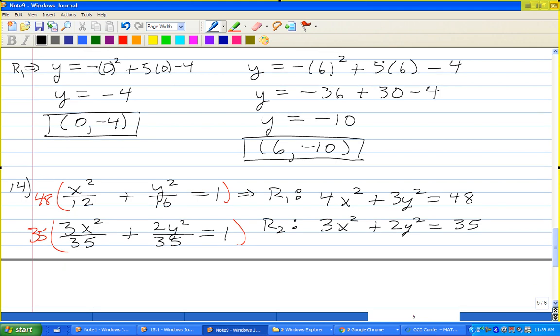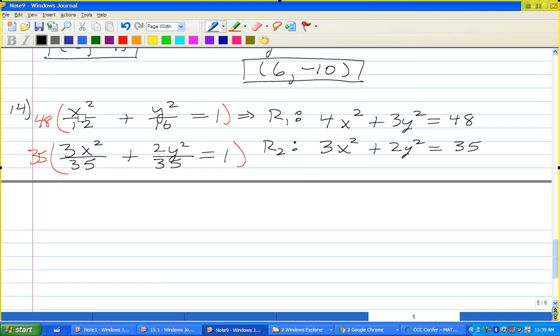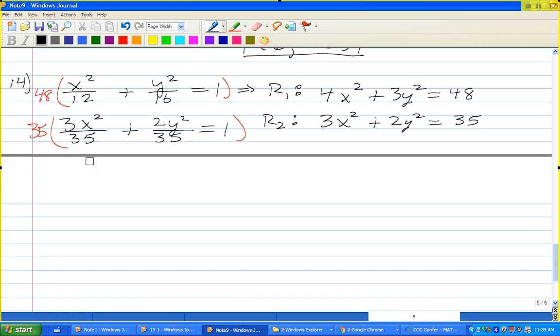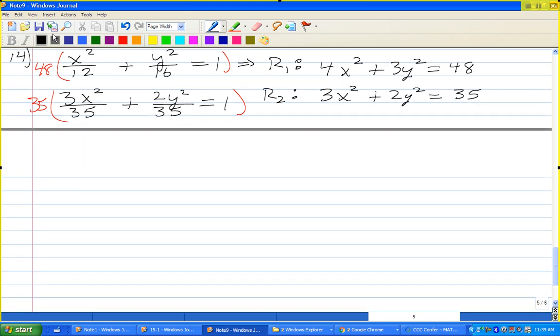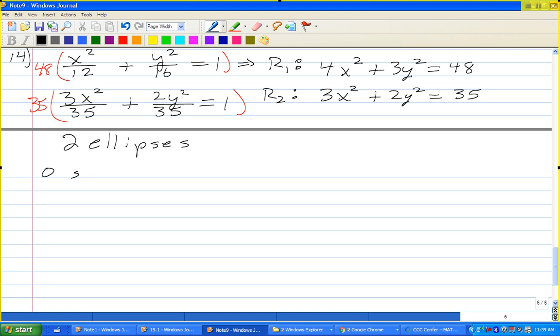And so, from the first way we wrote it, you notice that these are two ellipses. So this is the case of two ellipses. I could have, well, no solution.